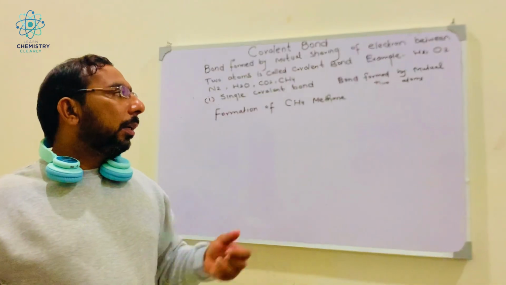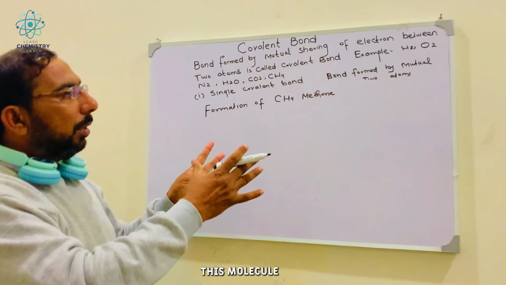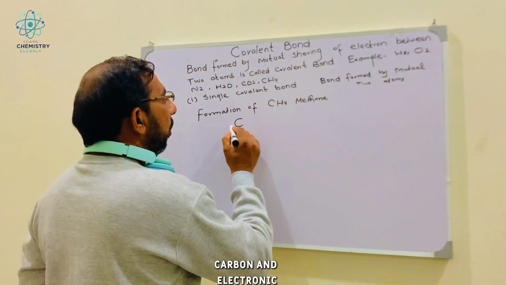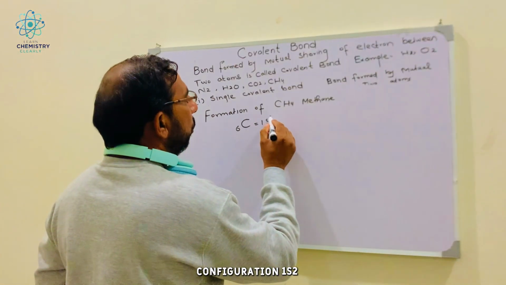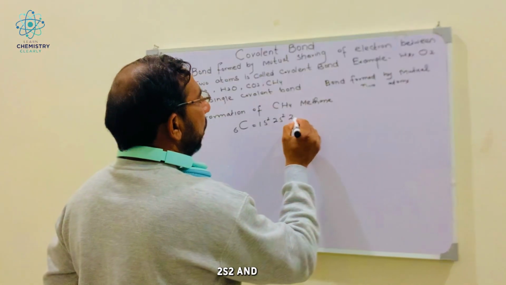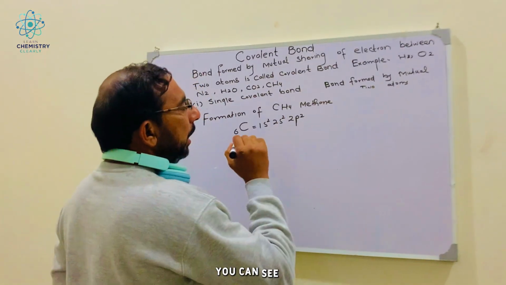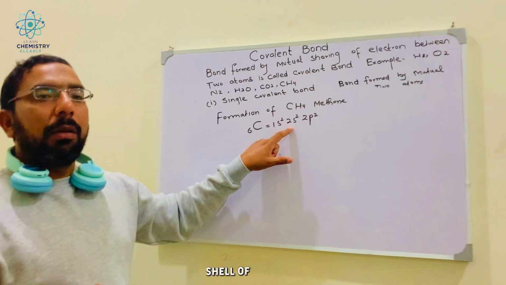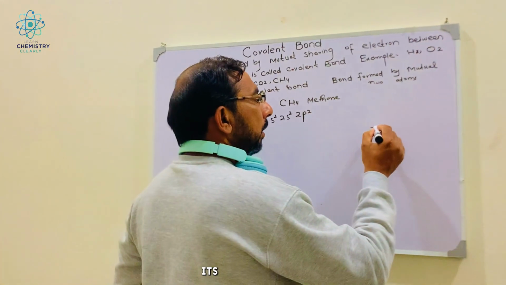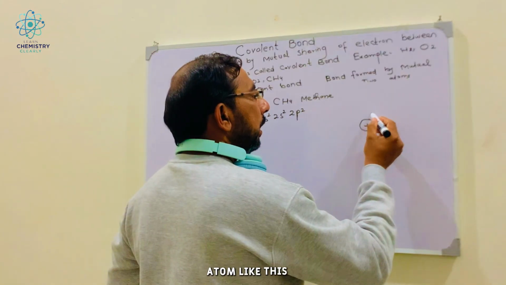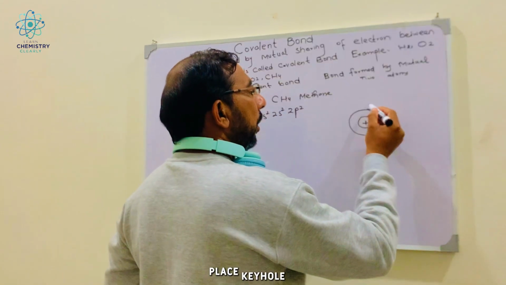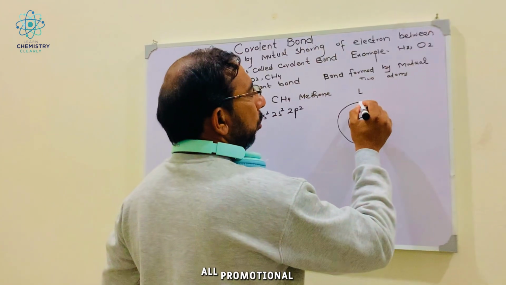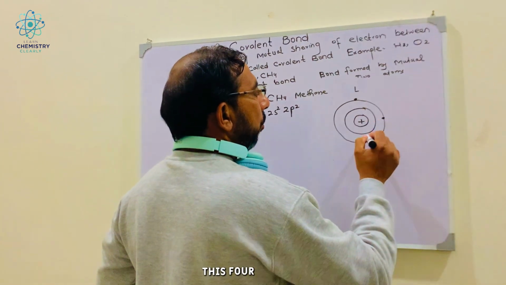If I write the structure of this molecule, I can write carbon electronic configuration 1s2, 2s2 and 2p2. You can see that there are 4 electrons present in the outermost shell of carbon. If I draw its atomic structure like this, this is the nucleus, K shell, and that is its L shell, that is its outermost shell. It contains 4 electrons like this.